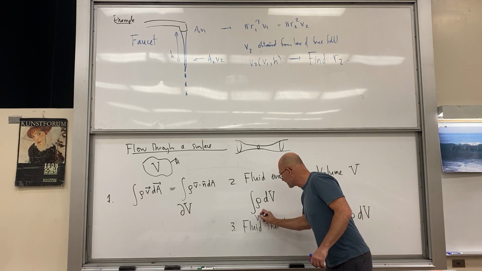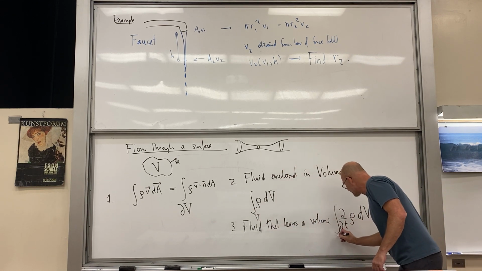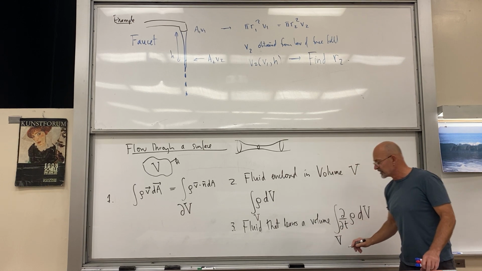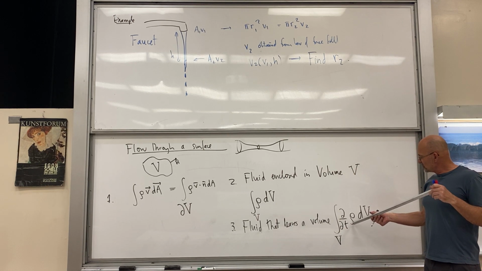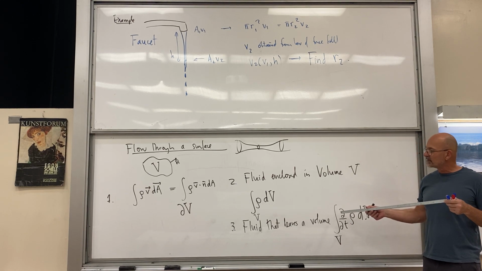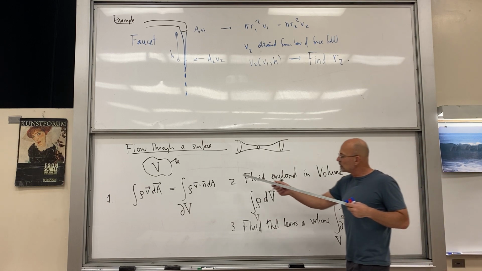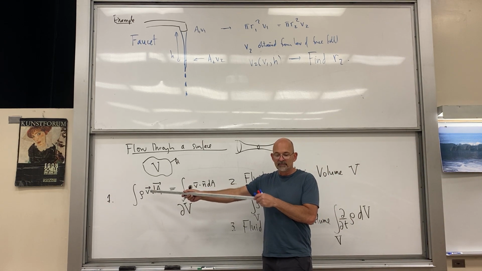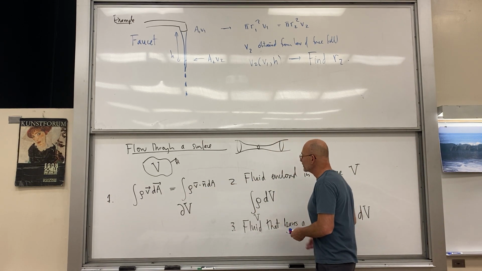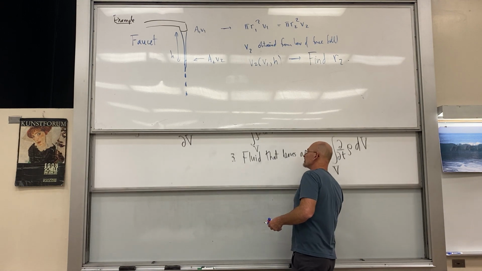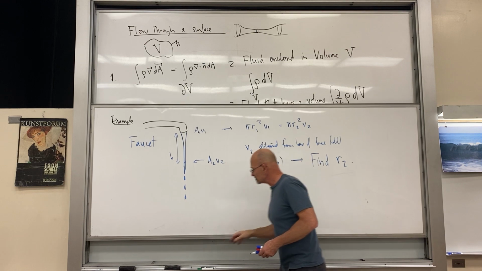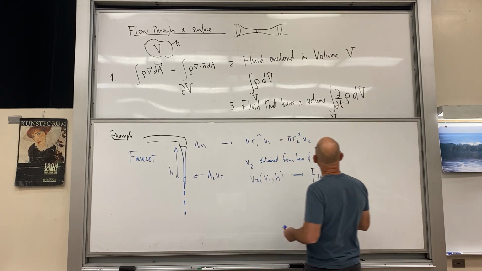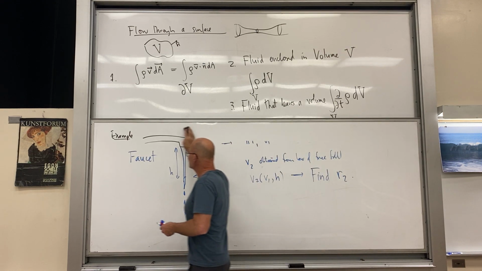Should have been a V right here. Volume. Okay. So what we're going to do is equate the change with respect to time of the fluid enclosed in the volume with the fluid that flows out of the volume. Okay, so we're going to equate those two, and see what happens.